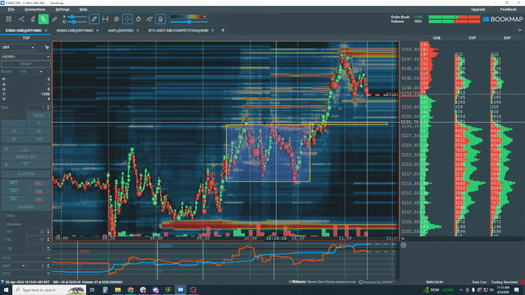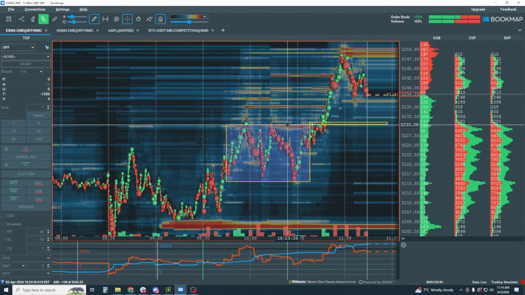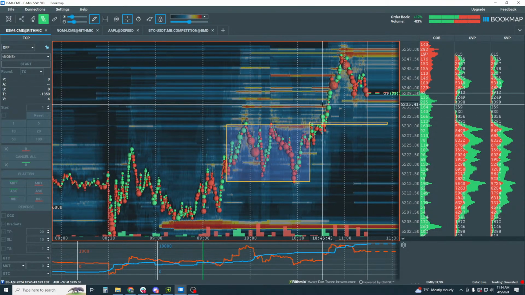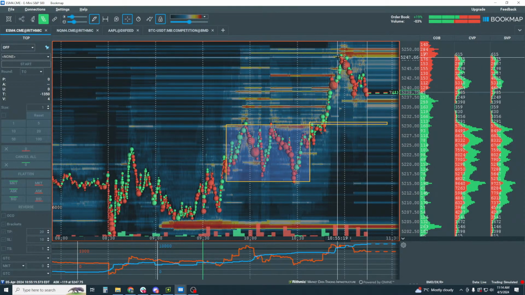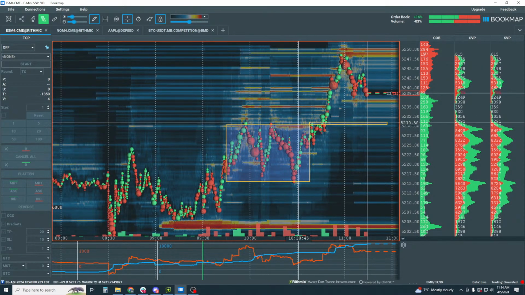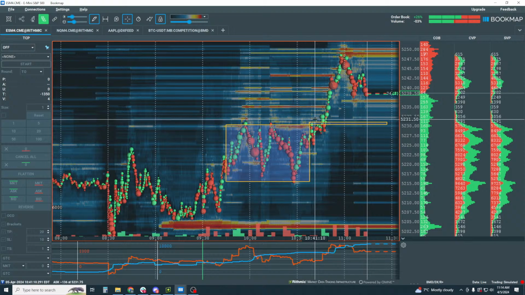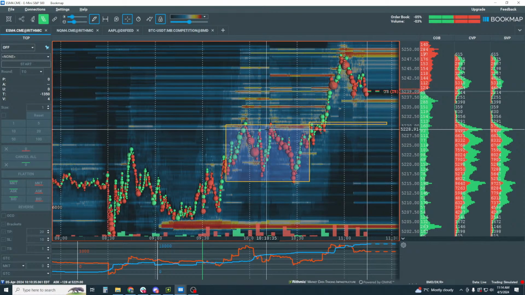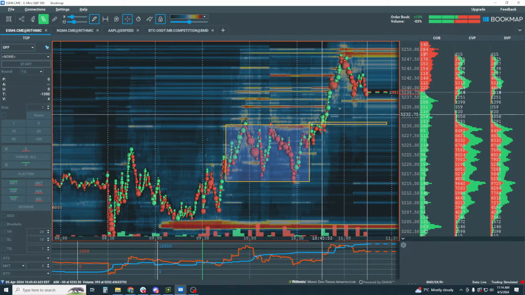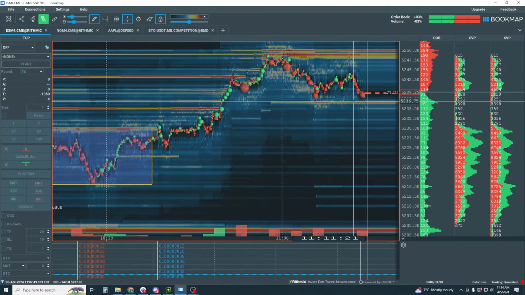All of this back and forth and all of this volume in here led to the stop run as well as a measured move outside of the range here. So the concept of the outside day is exactly the same on this time frame for an outside of this period here. And that's why we're looking at the acceptance and rejection as well.